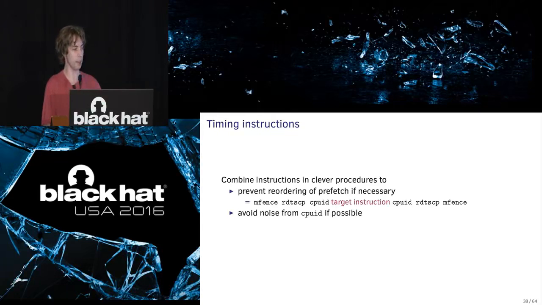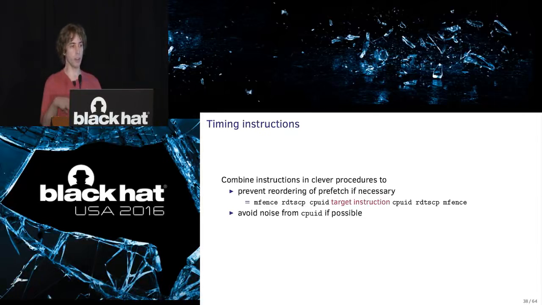We start with an mfence to serialize memory accesses, then RDTSCP, then CPUID, then the target instruction, and then the same instructions in the opposite order. This allows the prefetch instruction in the middle to be measured to a high cycle accuracy. The CPUID instruction might introduce noise, we have observed that, but the noise should cancel out over several measurements.